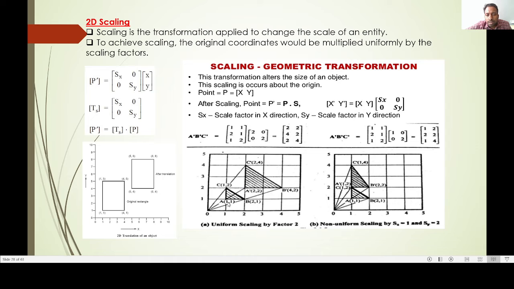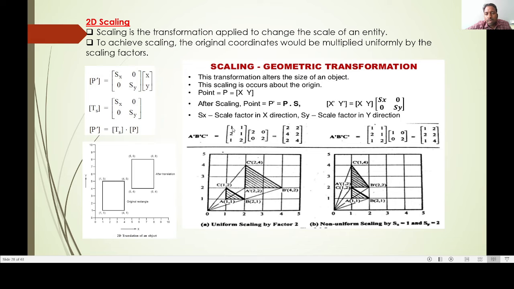Let us discuss the point (1, 1) is A. Next is (2, 1) and the third point is (1, 2). We need to scale up by 2 units in the x direction and 2 units in the y direction. So now the final point of A is 2 plus 1 is 3 and 1 plus 2 is 3. So (3, 3).